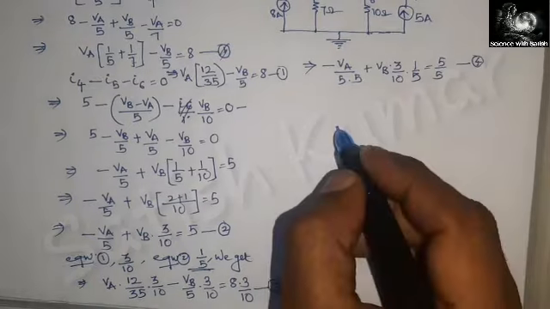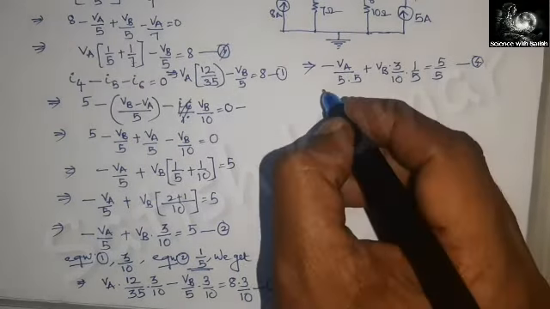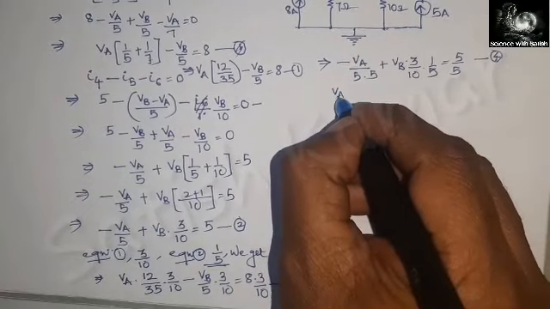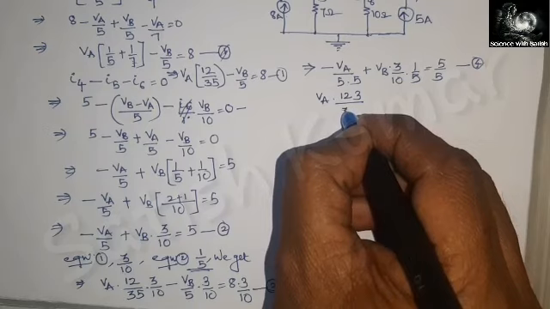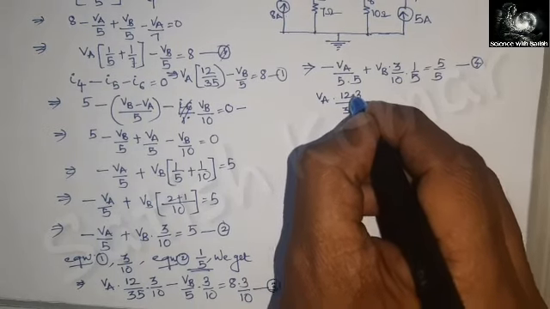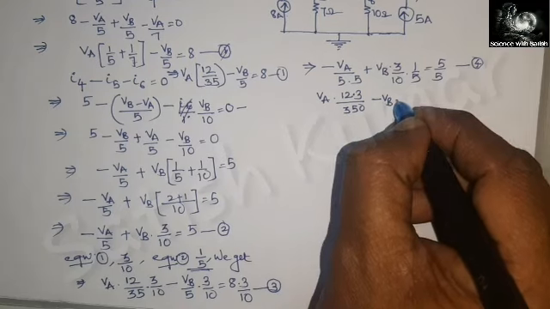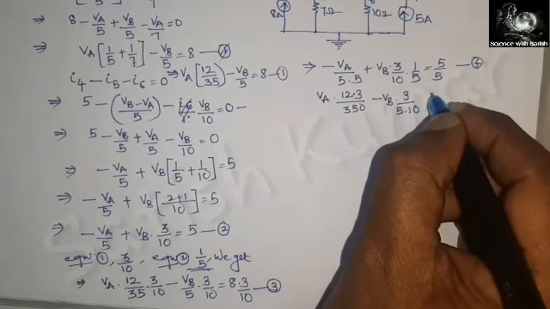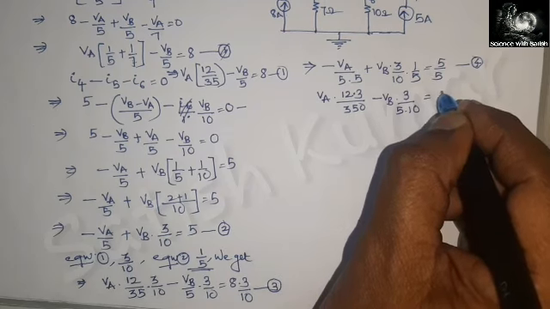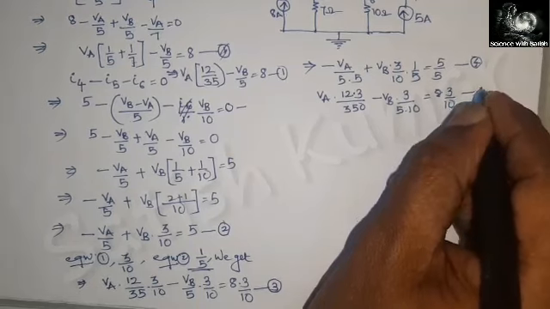Now, I am writing equation 3 here. So, it will become VA into 12 into 3 by 35 into 10, I can write 350, minus VB into 3 by 5 into 10 is equal to 8 into 3 by 10. This is the third equation.